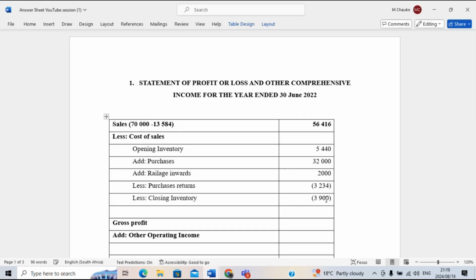Then we close. These are the items that are given in this paper for us to be able to calculate cost of sales. So let's calculate together and tell me how much you are getting. We have 5,440 rand plus purchases of 32,000 plus relation inwards of 2,000 minus 3,234 of the purchases returns minus the closing inventory.